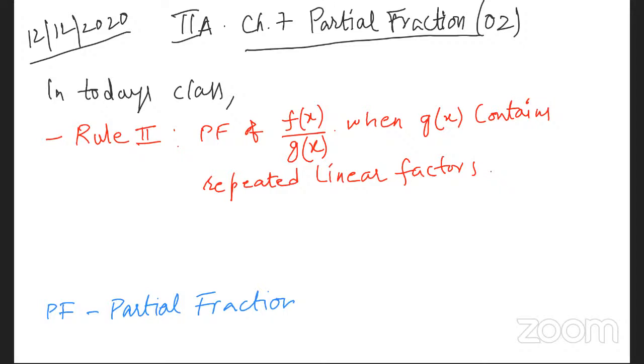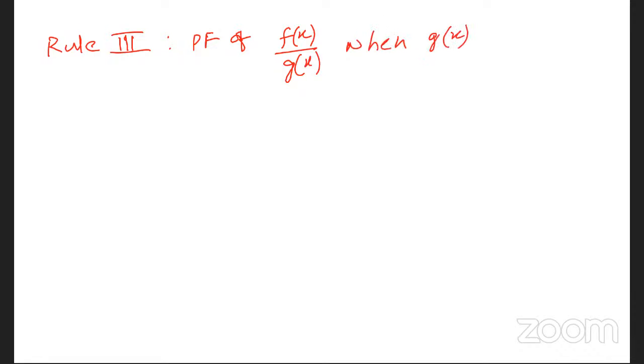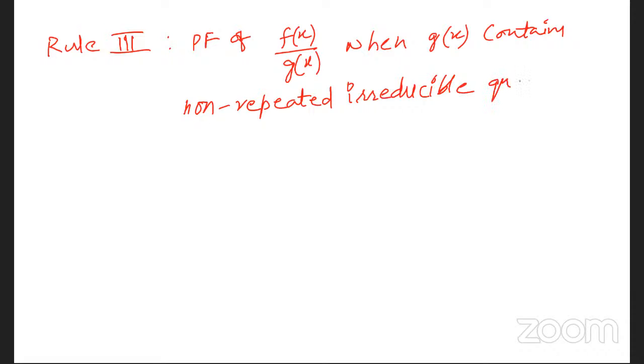And rule 3 and rule 4 will be similar. Rule 3: partial fraction of f of x by g of x when g of x contains non-repeated irreducible quadratic factors.